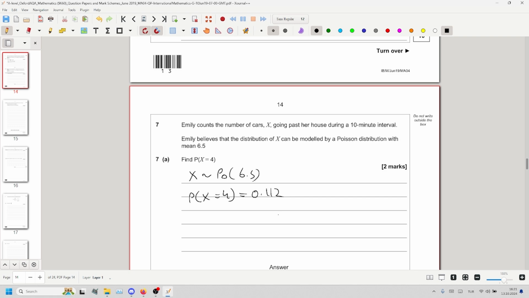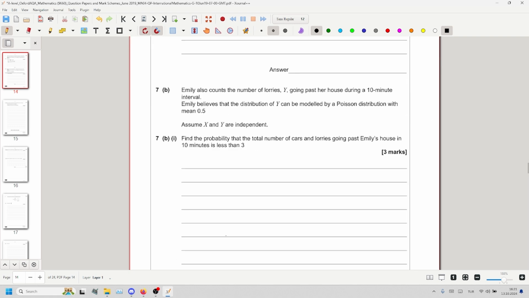Super simple. Emily also counts the number of lorries going past in a 10-minute interval. Emily believes that the distribution of Y can be modeled as a Poisson of 0.5. Now assume X and Y are independent. It asks us to find the probability of the total number of cars and lorries.